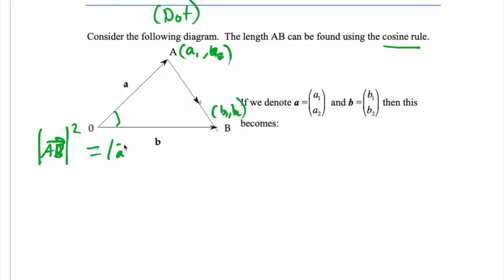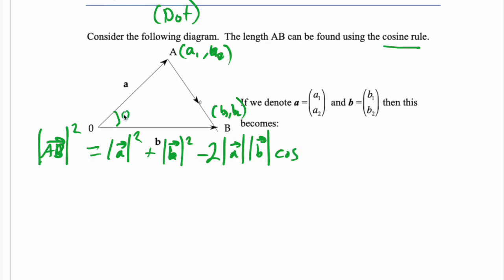We're going to have magnitude of A squared plus magnitude of B squared minus 2 magnitude of A magnitude of B cosine, let's call it theta there, okay? This is AB. Remember, to get the vector AB, you do head minus tail, you do B minus A.